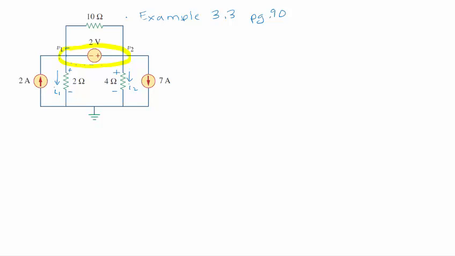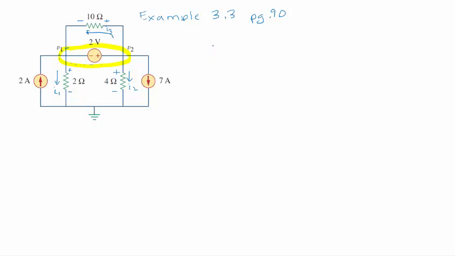And then your book kind of neglects this and says it doesn't matter in the circuit because of the 2 volts across it. That's true, but I think I will go ahead and formally define it so that you can see how it doesn't really matter. I will call this I3, and there's my polarity markings. So I will show you how it doesn't really matter.